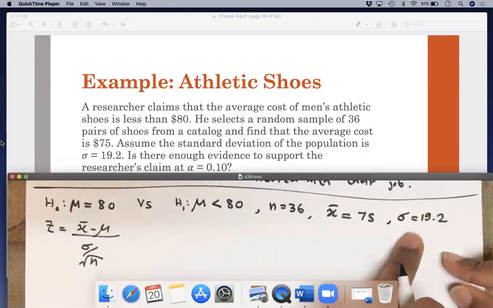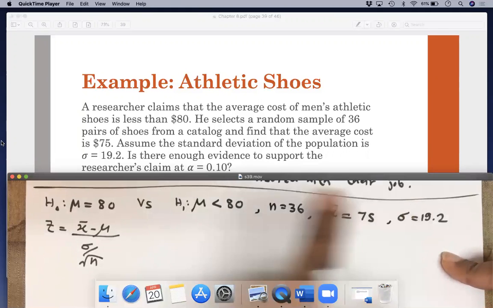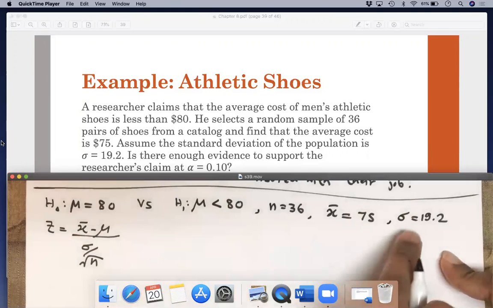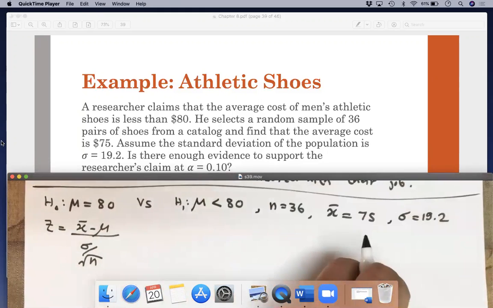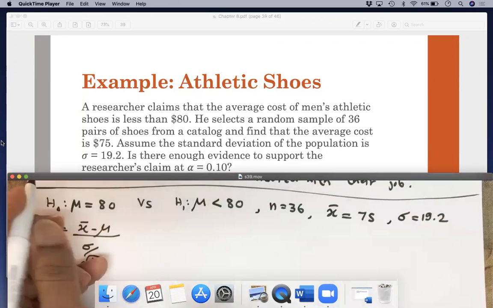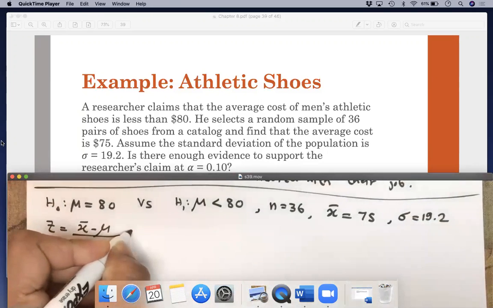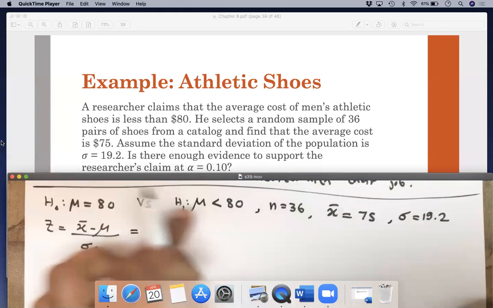If you know the population standard deviation, use this formula. If you don't know it, use our next formula. But here it says assume the standard deviation of the population is 19.2, so we have all the information. Now substitute values in here.